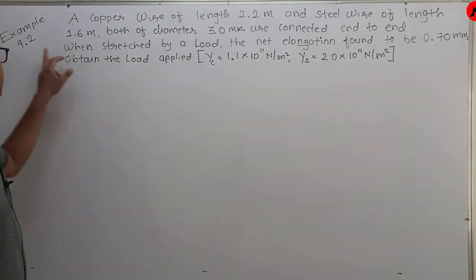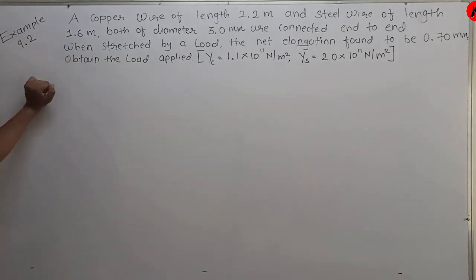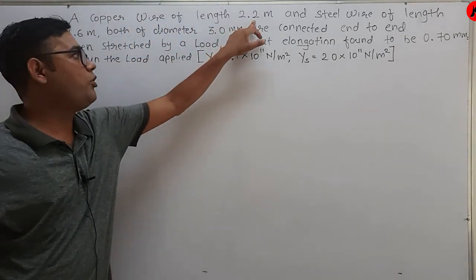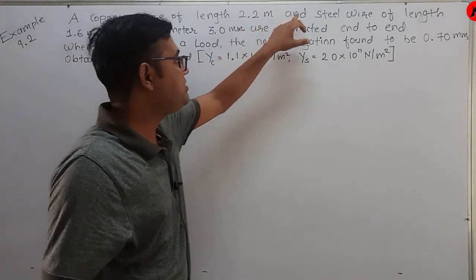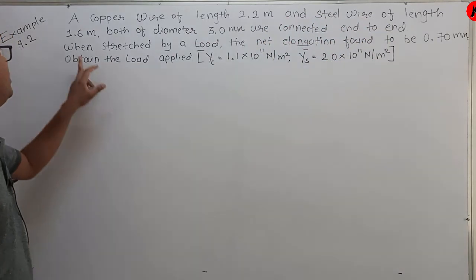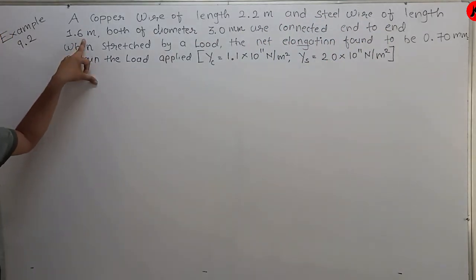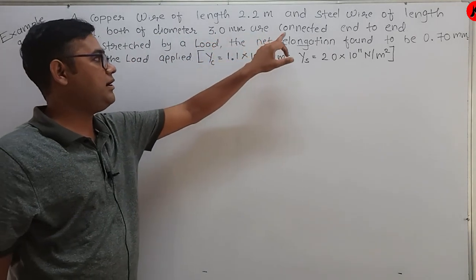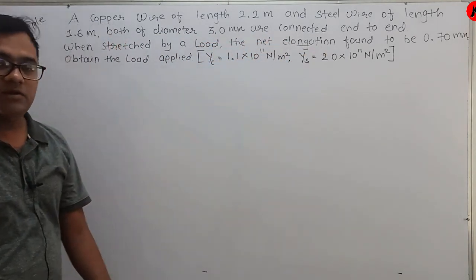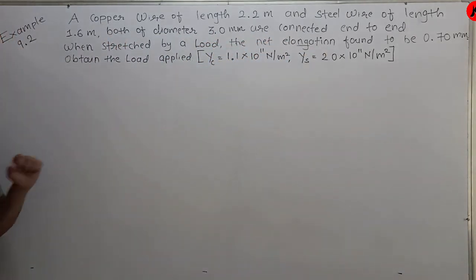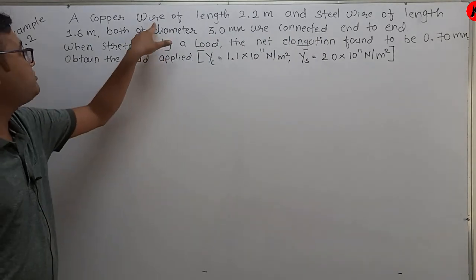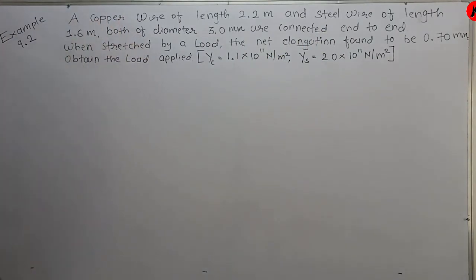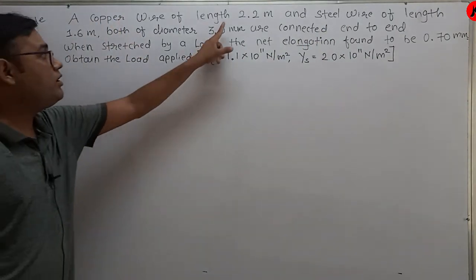Next is example 9.2. A copper wire of length 2.2 meter and a steel wire of length 1.6 meter, both of diameter 3 mm, are connected end to end. So here we have two different wires, a steel wire as well as a copper wire, and both have different lengths.